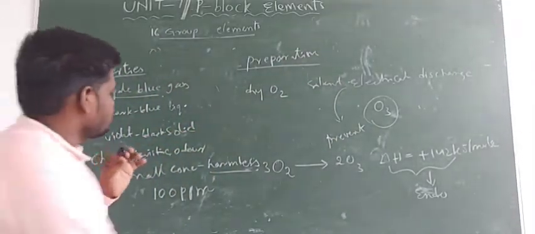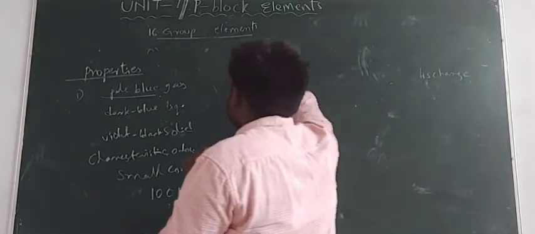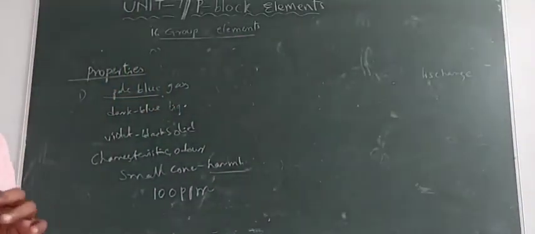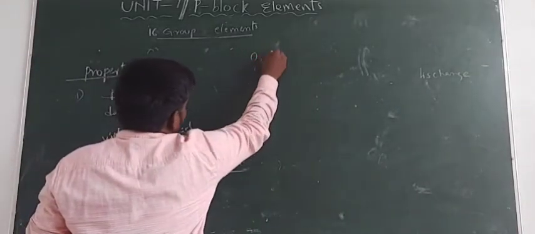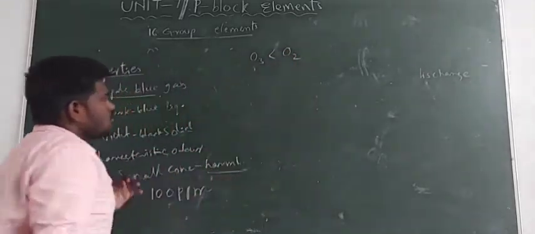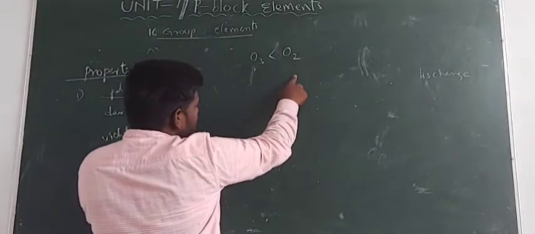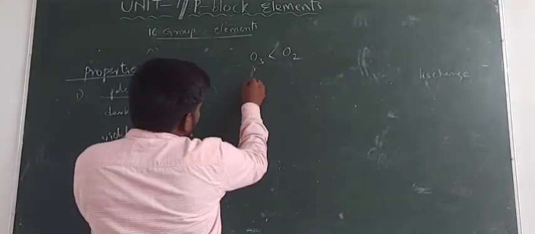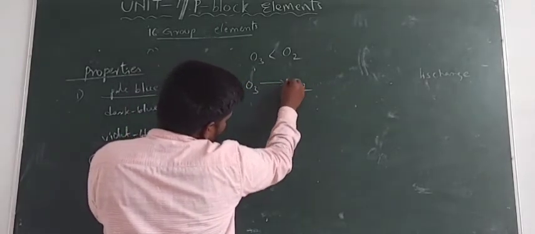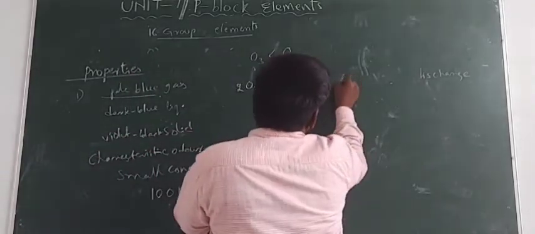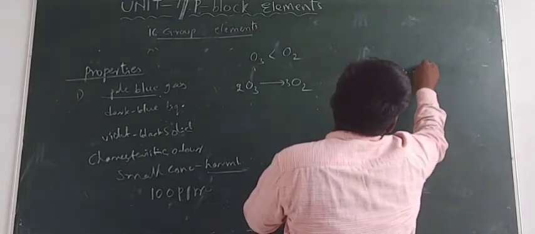Right. Next one. Okay, so here this ozone, comparing with O2, thermodynamically is less stable, or oxygen is more stable thermodynamically compared with O3, and this O3 decomposes to give oxygen gas. 2 moles of O3 decompose to give 3 moles of oxygen gas, and for this reaction delta H equals minus 142 kilojoule per mole.